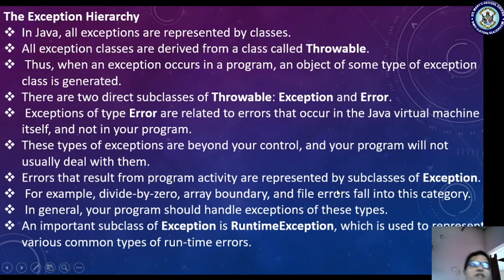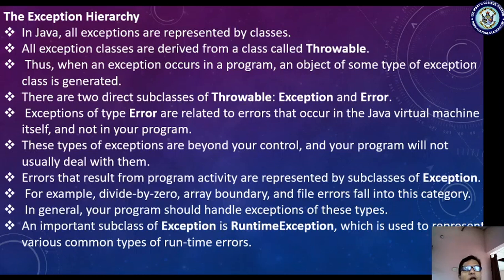And next, the exception hierarchy. Let me see what the exception hierarchy is. In Java, all exceptions are represented by classes. Whatever exceptions arise will be represented in the form of a class. What is a class? A class is a user defined data type which consists of data and methods, and also instances of the class, right?